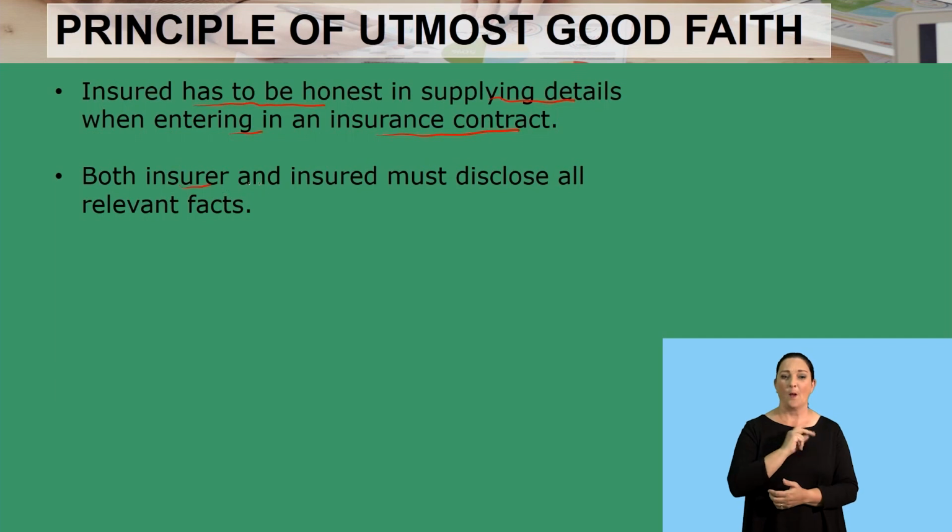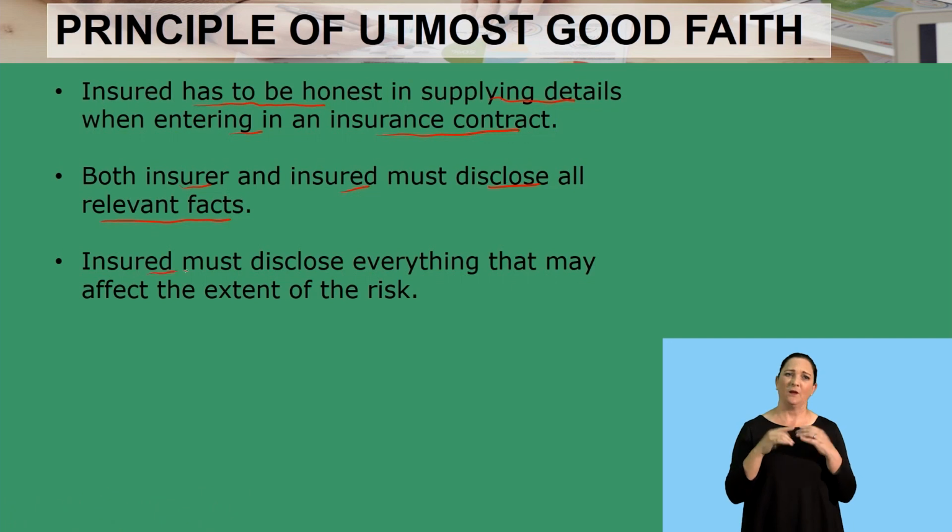If it's a car, you need to specify where you stay, because where you stay determines the risk of insurance and the cost, for instance, associated with your risk. And then both the insurer and the insured must disclose all relevant facts about where the car will be parked, who will be driving the car regularly, because that will determine the risk associated with the asset.